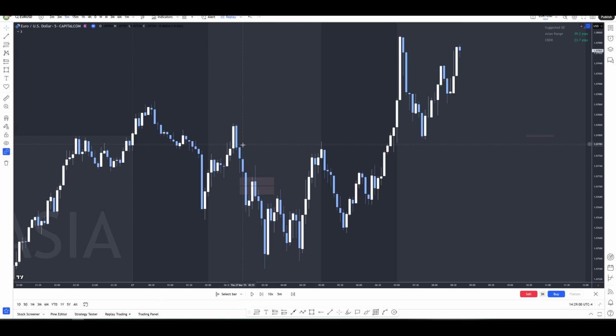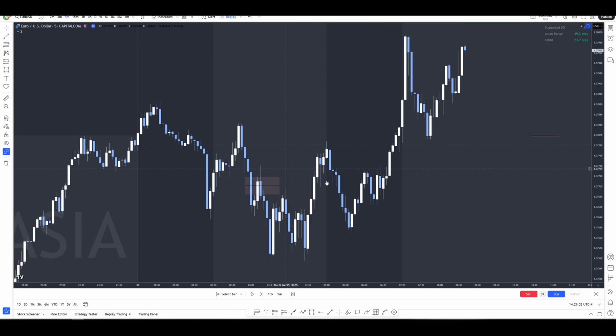And also kind of the same setup, a little subtle, but still we have a high, we have a low, and we have displacement. So for me, this is another dealing range, but this time the fair value gap is not inside a premium. It's still in discount, and when you go short, you rather want to go short from a premium and not in discount.